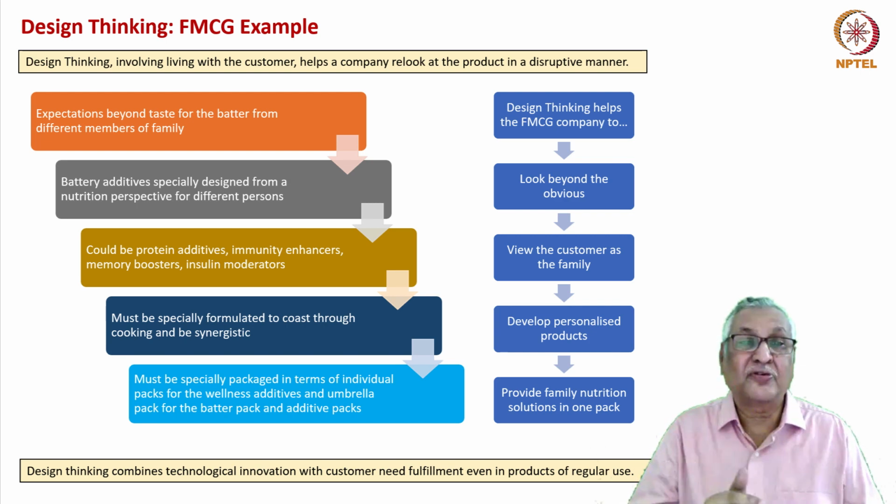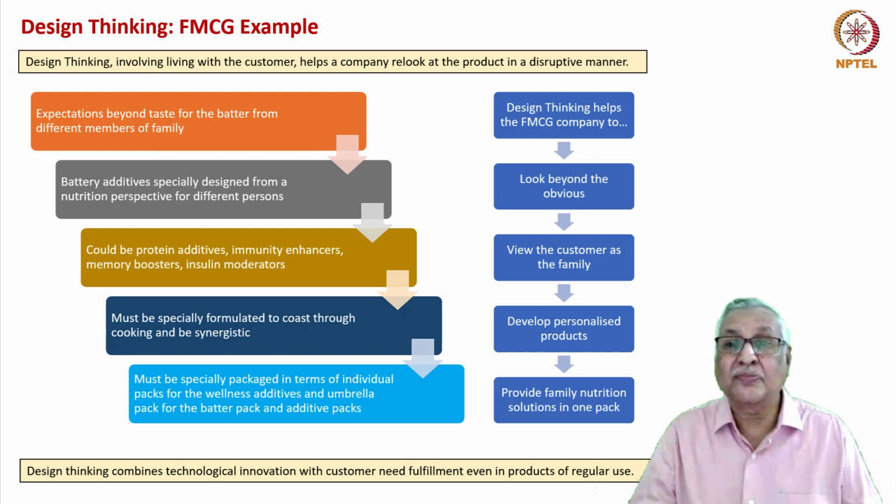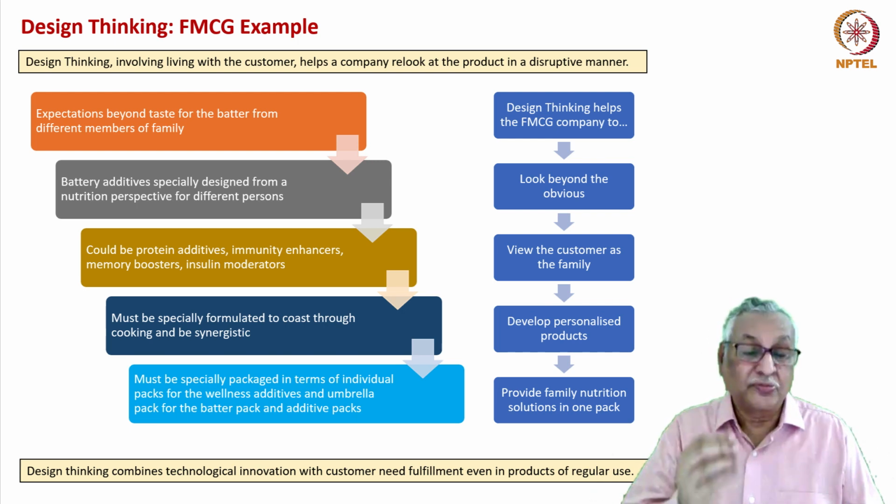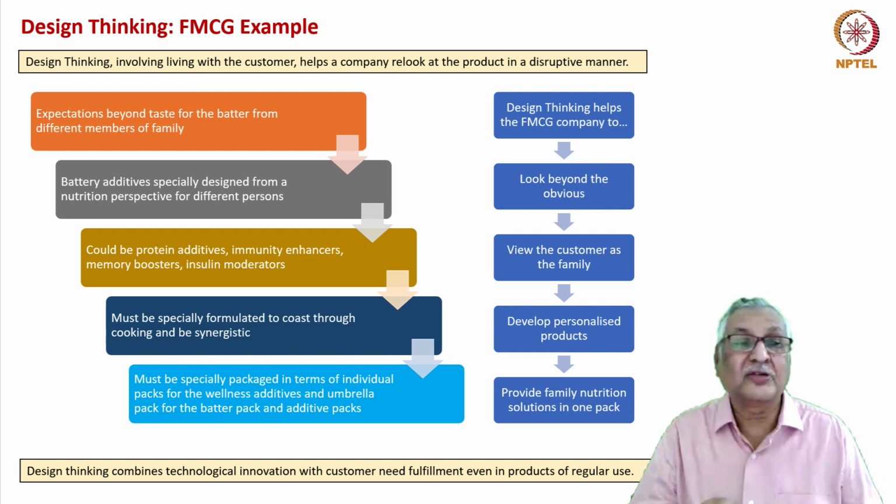So, in this example of FMCG product, the company representatives living with the customer can help the company relook at the product in a disruptive manner. We will be able to discover the expectations beyond just taste for the batter from different members of the family. The battery of additives that are required and specially designed from a nutrition perspective for different persons will be understood.